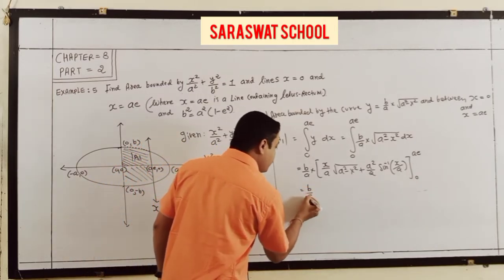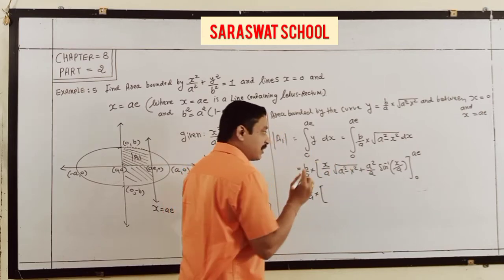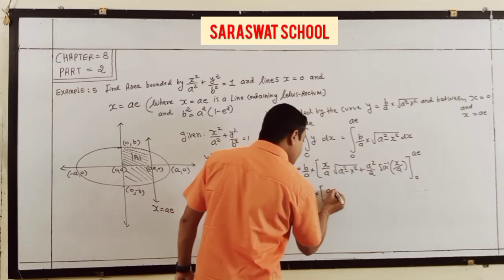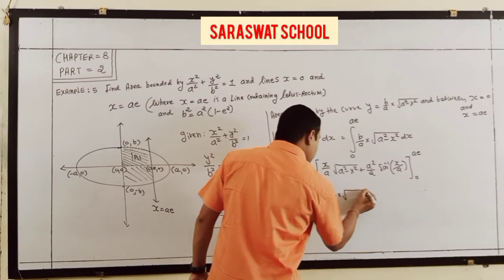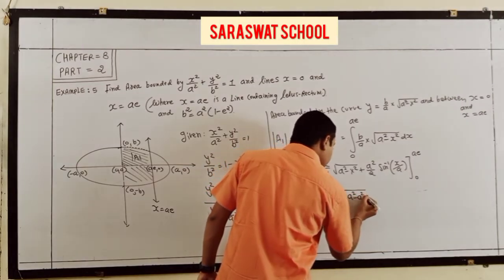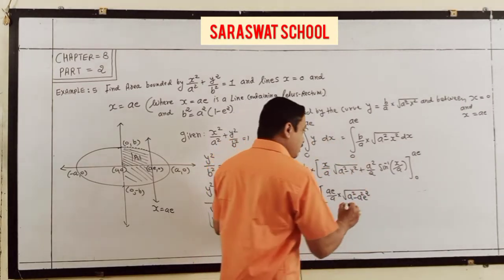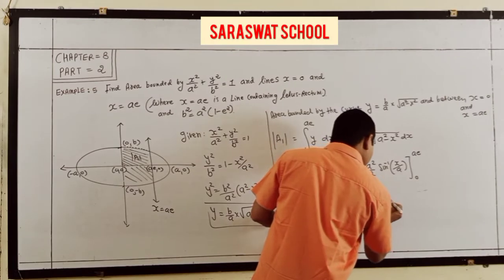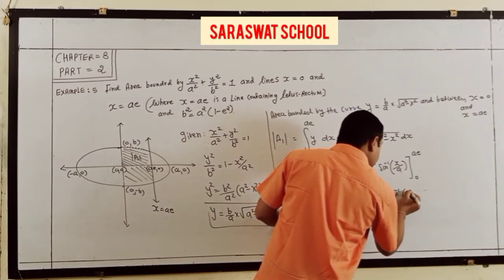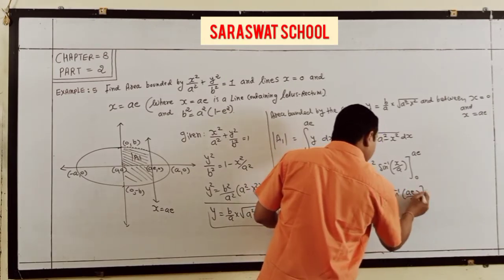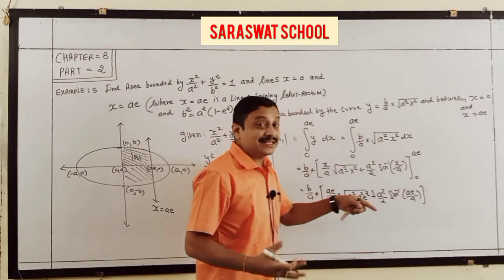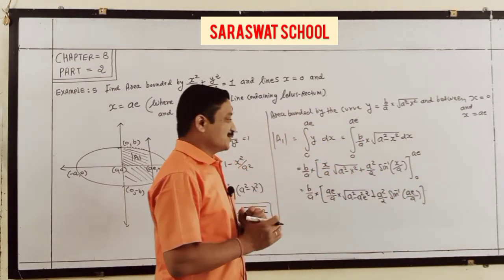So b by a same, apply first the upper limit: x plus a square minus a square e square, here a square by 2 sine inverse ae by a, and if you put 0, then here 0 and sine 0 is also 0. This is your answer, students.